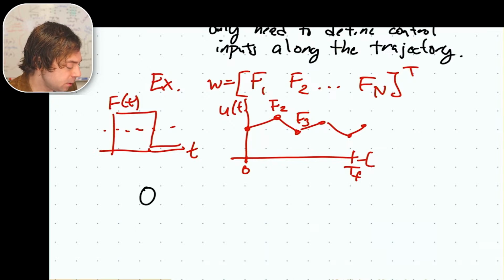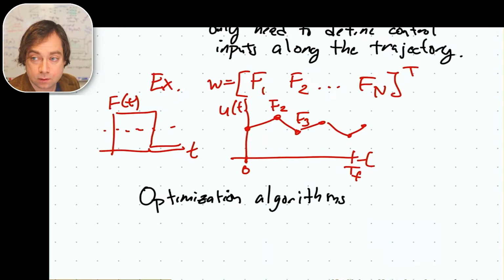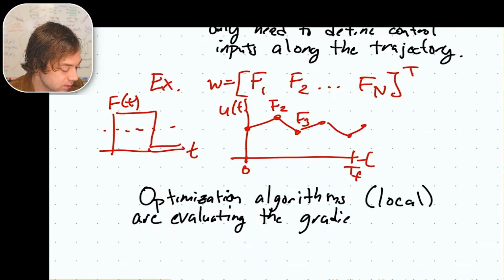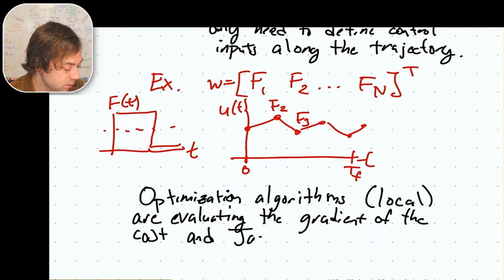These optimization algorithms, these are local optimization algorithms, are evaluating the gradients of the cost and Jacobian of the constraints.